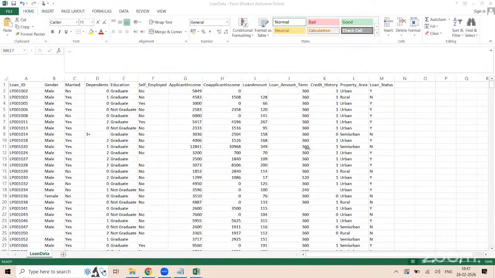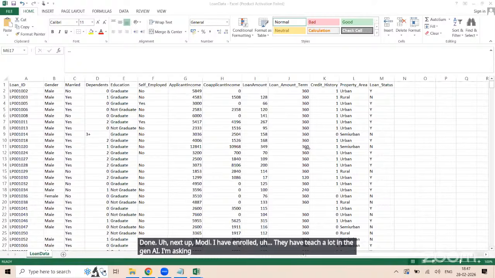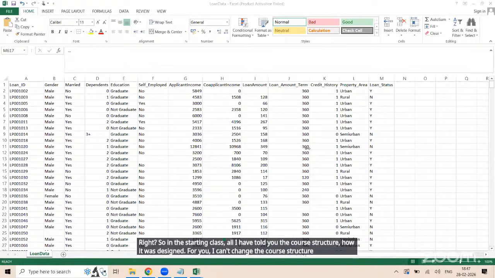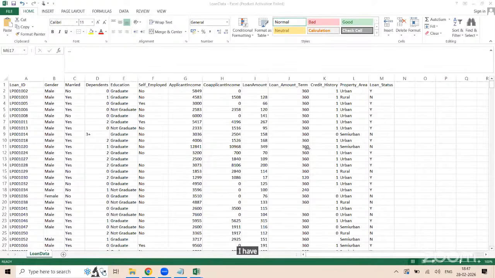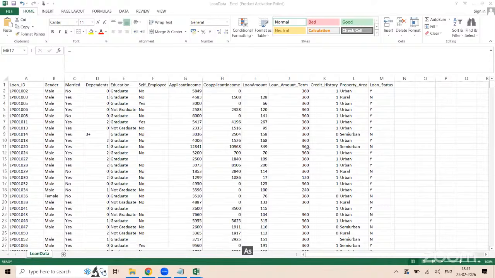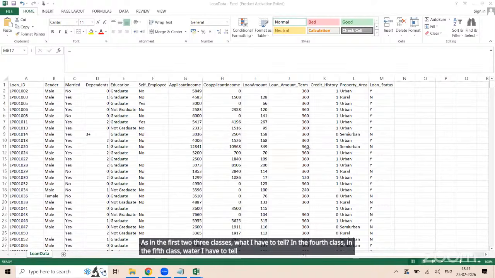Next, Modi says: I have enrolled, they teach a lot in Gen AI. In the starting class only, I told you the course structure and how it was designed. I can't change the course structure for you. I have designed a course structure, and as per it, I will go according to the classes that are there. What I have to tell in the first 3 classes, in the 4th class, in the 5th class, everything was predetermined, and based on that I'll go.